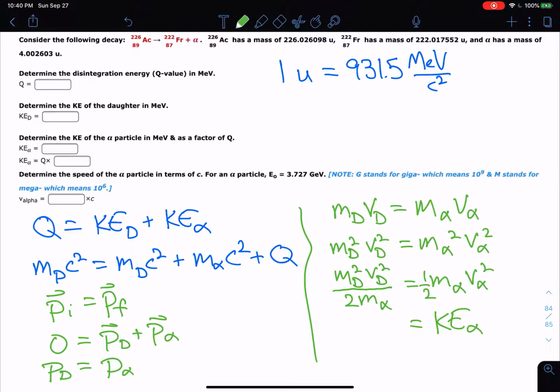And on the other side, ignore this square for a sec, I've got m_d times v_d squared over 2, so I've also got the kinetic energy of the daughter. But this was m_d squared, so I only needed one of these to go into the kinetic energy. So I have the other one, and I still have the m alpha.